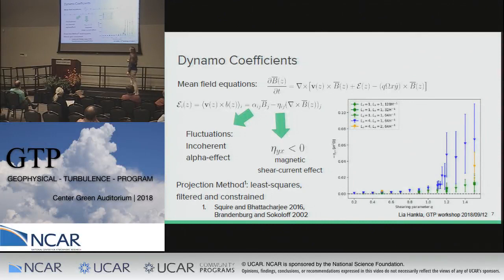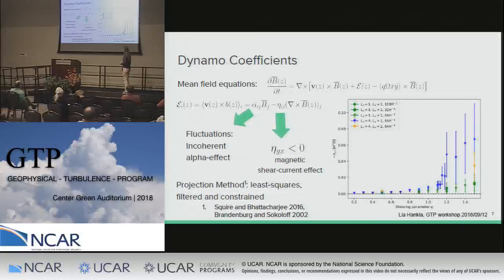Basically, if you take the induced EMF and expand in the mean field, then this is the alpha parameter. That's what leads to the alpha effect, and fluctuations in that lead to the incoherent alpha effect. And this term here, if you have this certain off-diagonal component less than 0, then that's the magnetic shear current effect, basically.